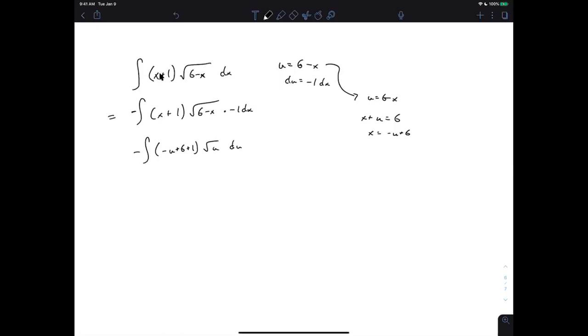The reason that makes it easier is because we can mess with this algebraically, whereas with this subtraction in there, we can't. And so I'm going to go ahead and make it -u plus 7, and then make this u to the 1/2, and now we're going to distribute the u to the 1/2.